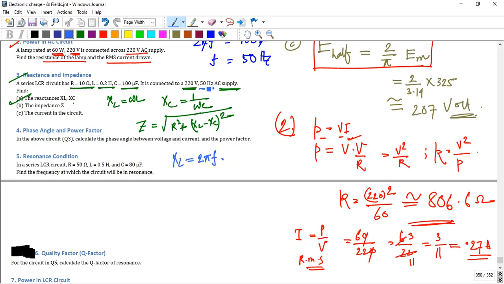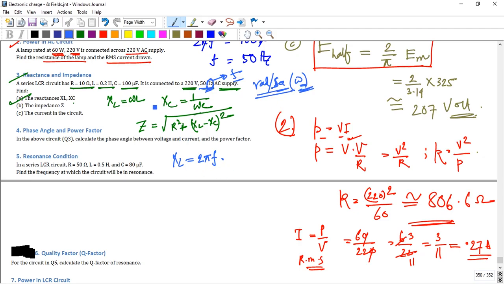So if it is given in hertz, these hertz represent linear frequency f, and rad per second, so if the SI unit is given as rad per second, that means omega. Okay, just keep in mind. So when the unit is hertz, it means linear frequency, and when the SI unit is rad per second, that's the angular frequency omega. So 2 pi f, linear frequency.